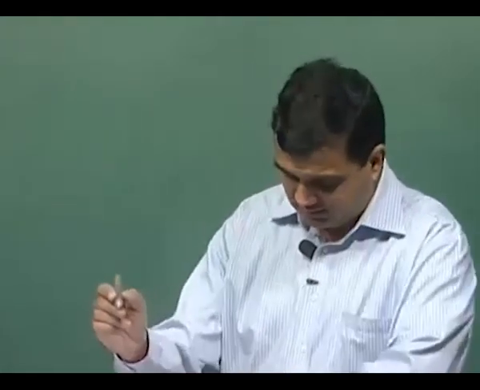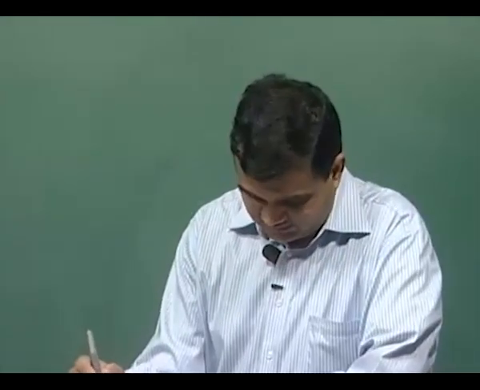Hello again. In the last class we derived a relation for the one dimensional wave equation, and we were just starting to develop solutions for this equation, and that is what we will continue today. As we developed it earlier, I will briefly rewrite that equation once again.